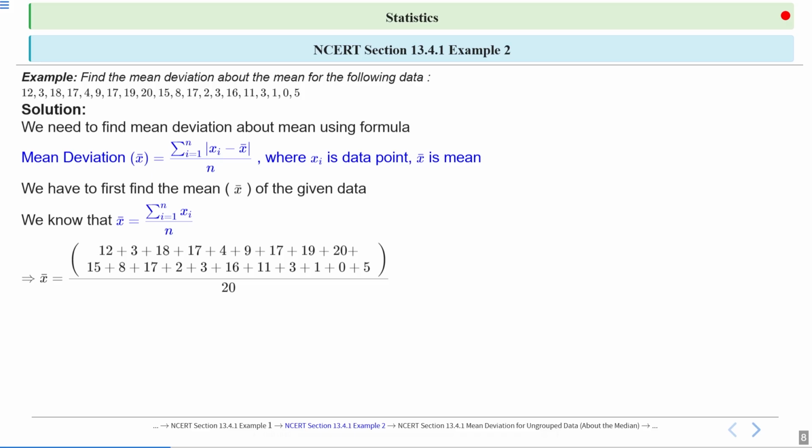So x bar equals 12 plus 3 plus 18 plus 17 plus 4 plus 9 plus 17 plus 19 plus 20 plus 15 plus 8 plus 17 plus 2 plus 3 plus 16 plus 11 plus 3 plus 1 plus 0 plus 5, upon 20, where 20 is the total number of observations. Simplifying, x bar equals 200 upon 20, which is equal to 10.